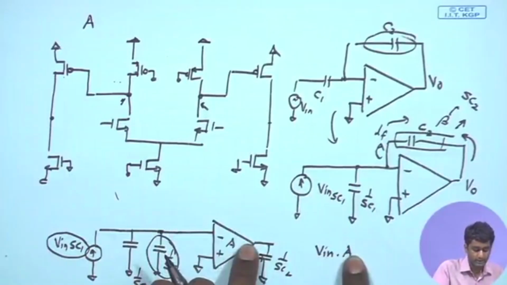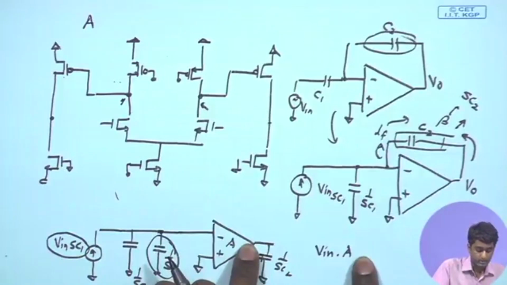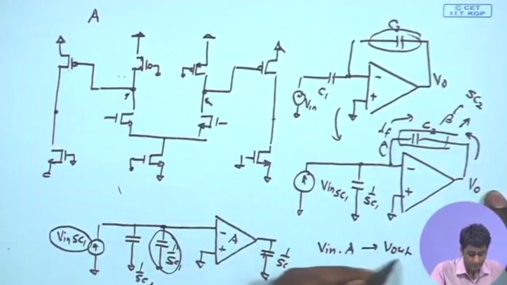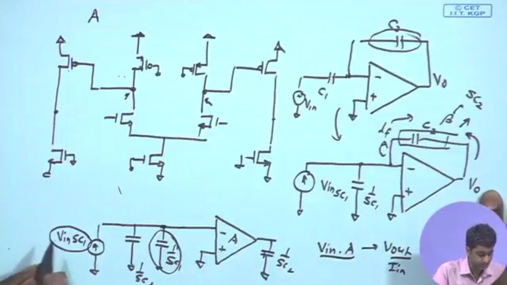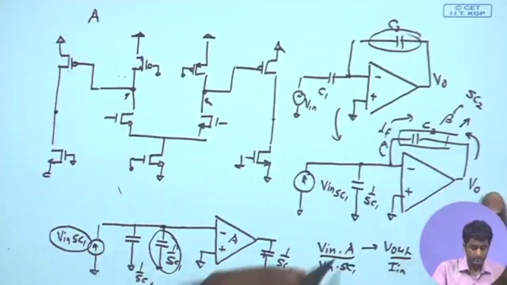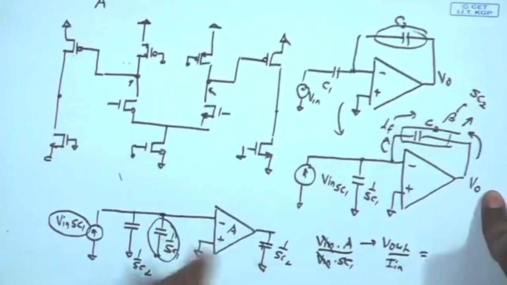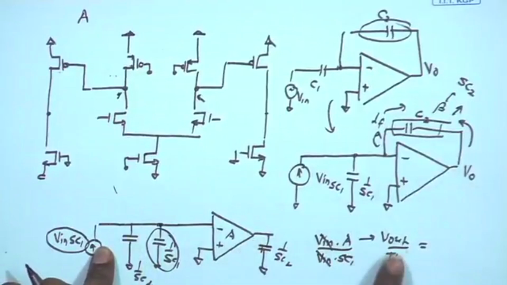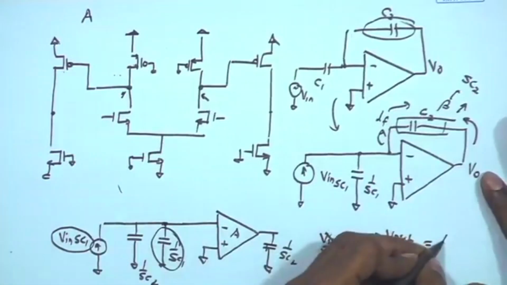This is the V out, right. We need to find V out upon I in. What is V out upon I in? This is V in SC1. Therefore, V out upon I in, that is the open loop gain of our current to voltage amplifier, is A upon SC1.